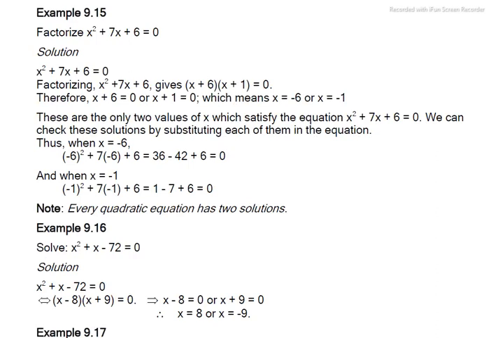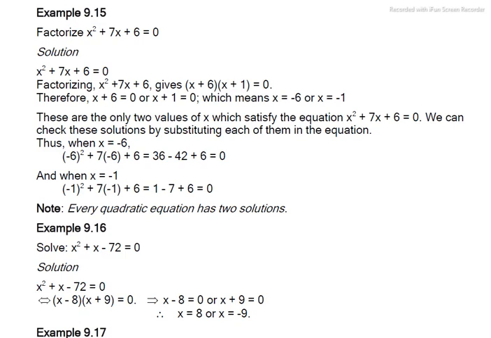In our second example, we are told to solve x squared plus 7x plus 6 equals 0. So we shall factorize this quadratic expression by changing it to two brackets.